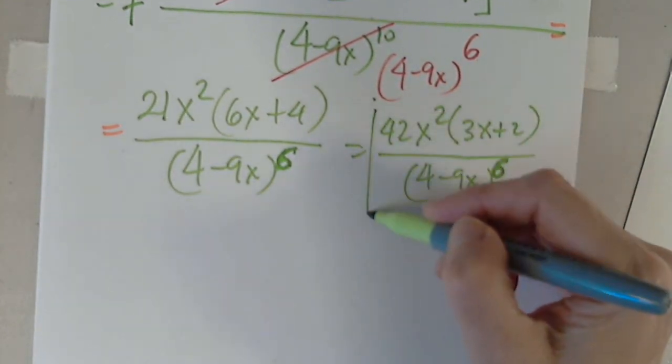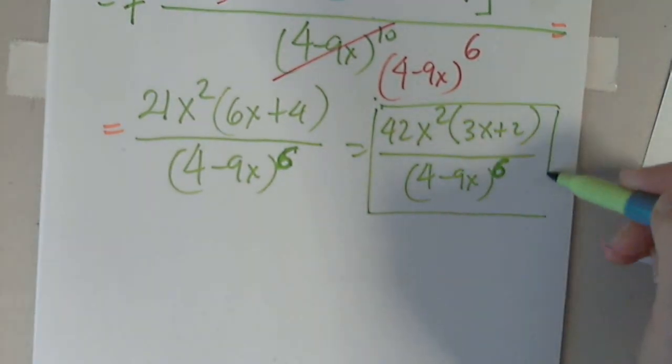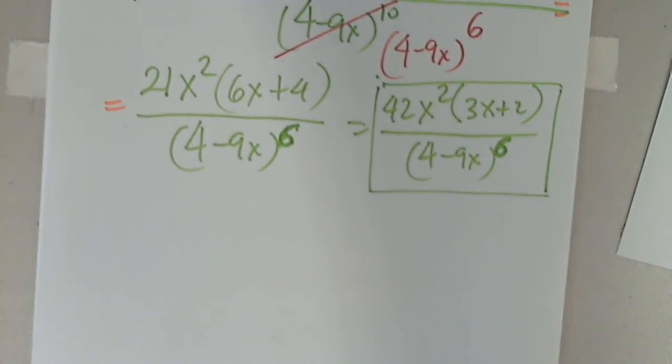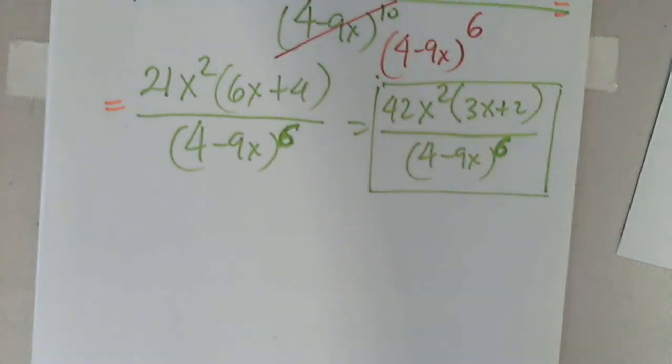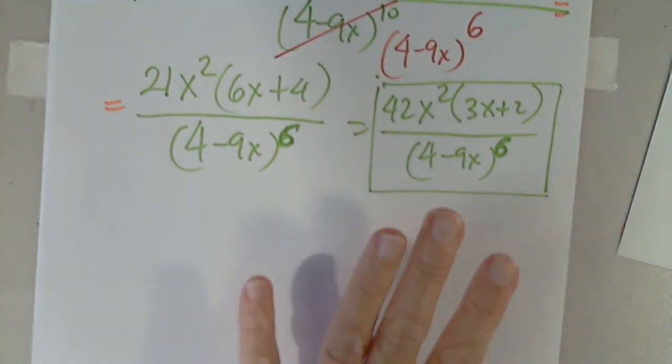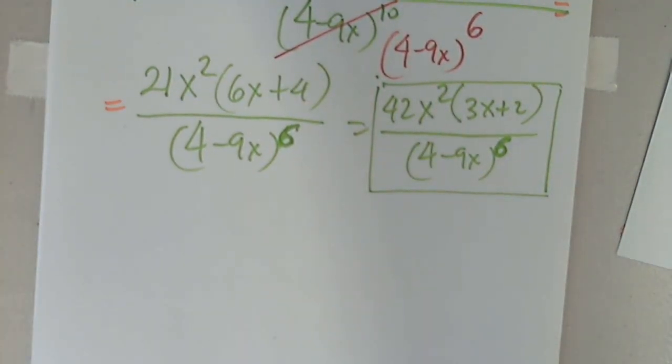I don't know why I wrote 5. From 10 I remove 4, and these are all gone. And this is fully simplified. And you will see in the next chapter why we need all these functions, all these derivatives to be fully simplified by factoring.